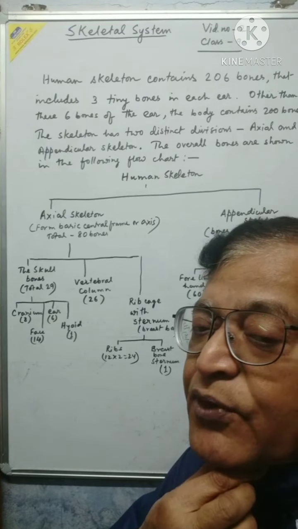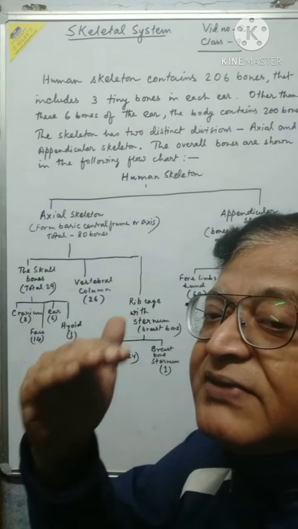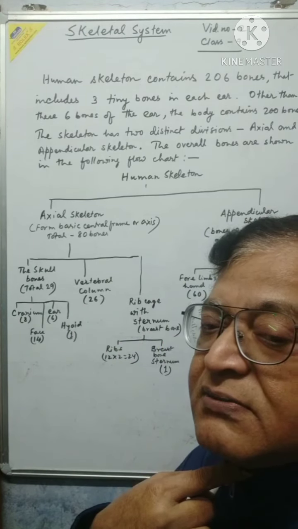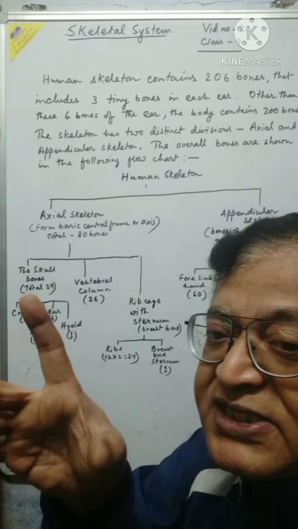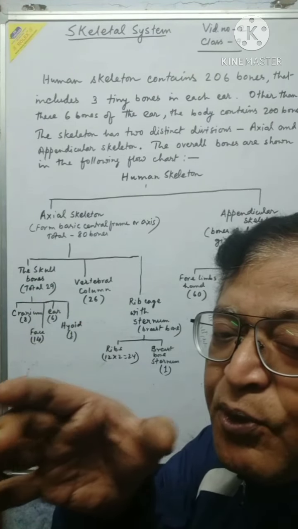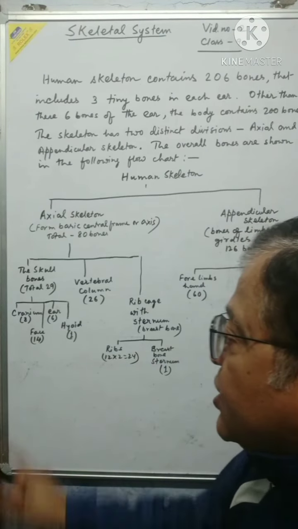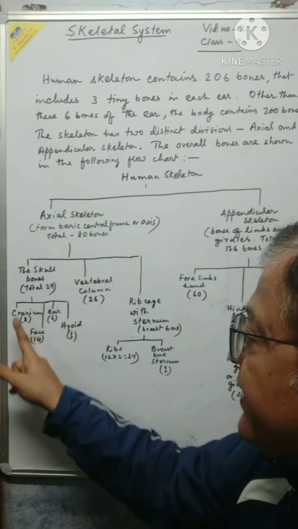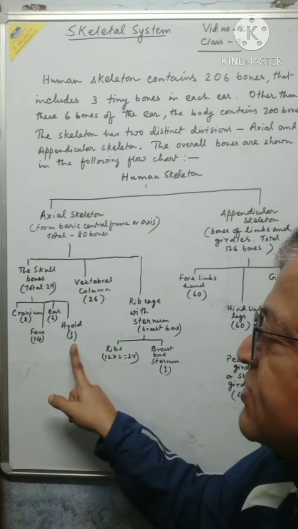A kind of bone just below the mandible and just above the larynx, the voice box. The voice box is made out of cartilage, not bone. Just above that, a half-ring type of bone is there, which is called the hyoid bone. It is only 1. So total, it is 29. 22 plus 6, 28 plus 1, 29.